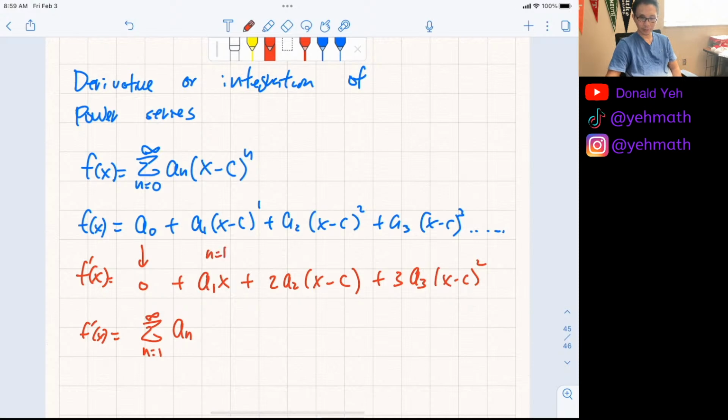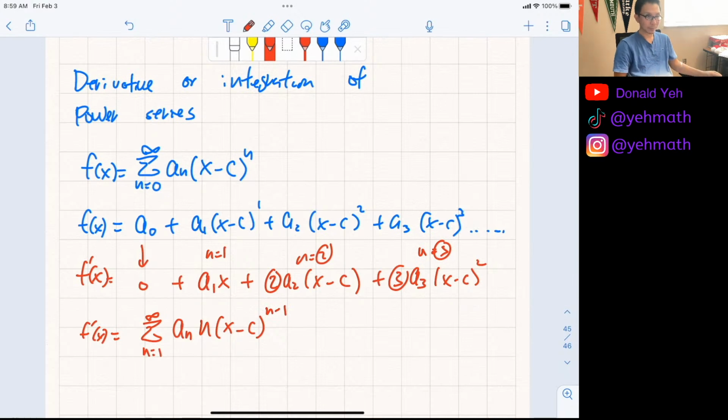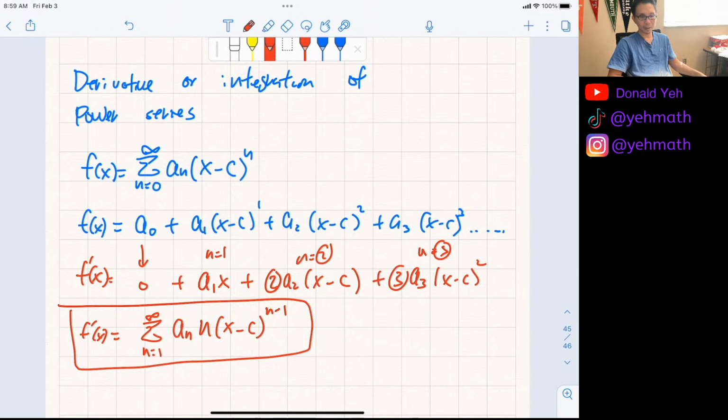This is n equal to 1, this is n equal to 2, this is n equal to 3. See, this 2 and this 2 are the same, 3 and 3 are the same. So it's going to be n times a n times x minus c to the n minus 1. So the derivative automatically becomes this. You can take a derivative of a power series, and it looks exactly like this. The only change is from n equal to 0 to n equal to 1.